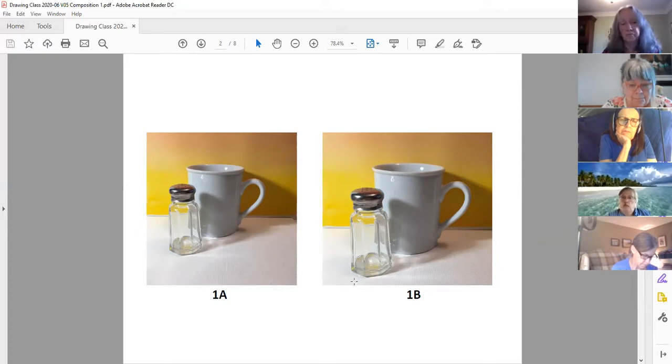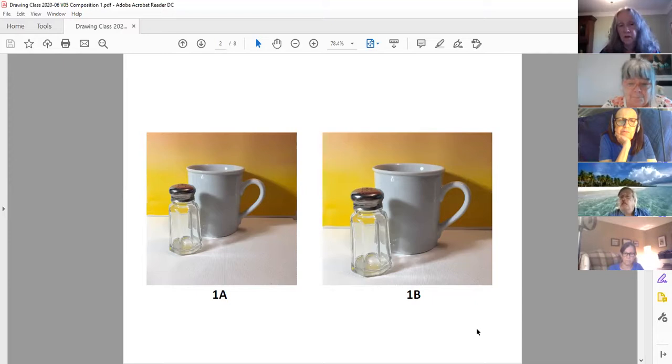So on 1B, it's still very close to middle, but it's almost 2/3 down. And there's no area in the foreground that doesn't have anything interesting in it. So this is why number 1B is the one that has the best composition.